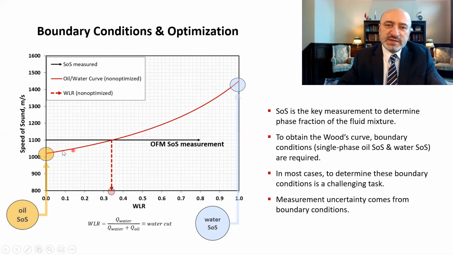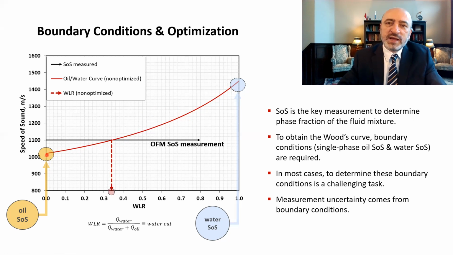So if these boundary conditions are correct, the standard water cut reported by the optical flow meter should match the water cut from the test separator. If there is a mismatch, it is most likely due to the incorrect boundary conditions or non-optimized boundary conditions.